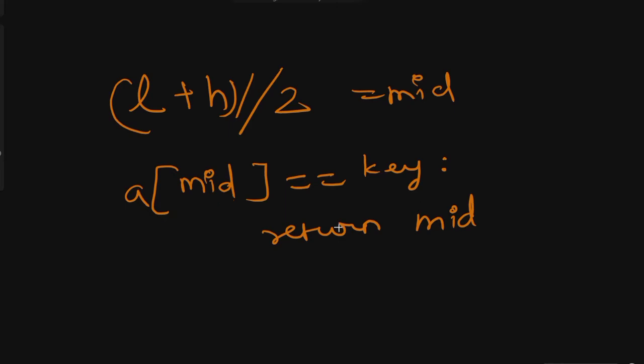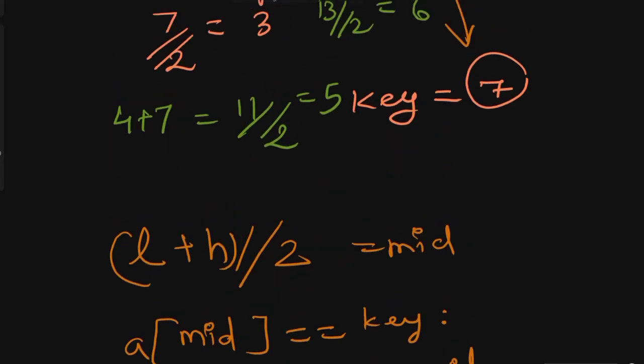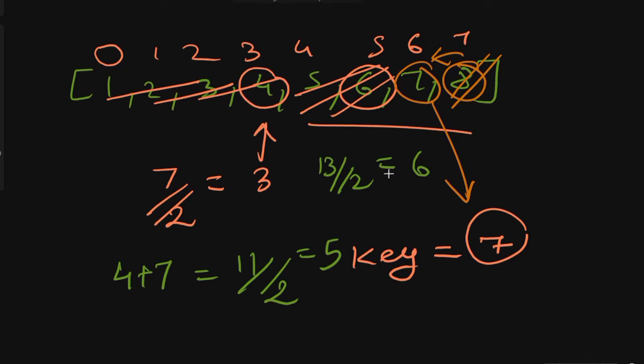Because if it exists here in the mid position, then we will return that. But if not, if A of mid, the middle element, is less than the key, it will always exist in the right part. Why? Because here we just saw, if we are searching for 7 and the key value, which was 4, is less than 7, then our value will be present in the right part.